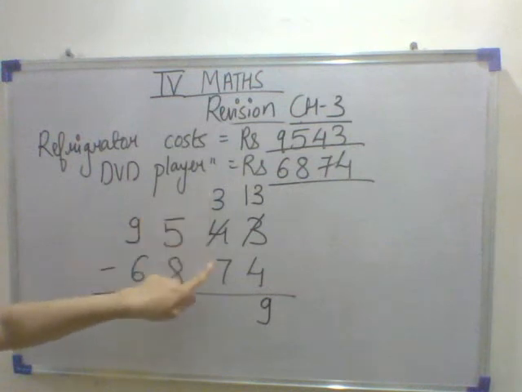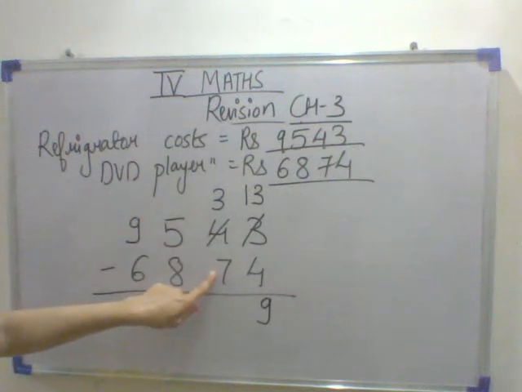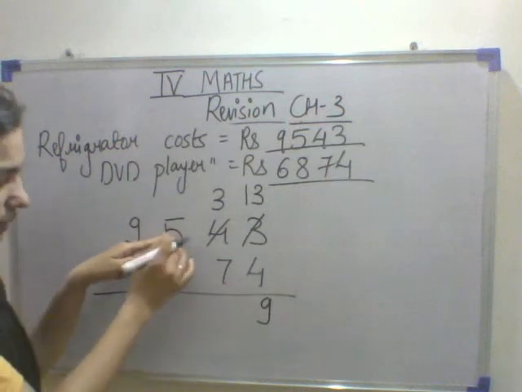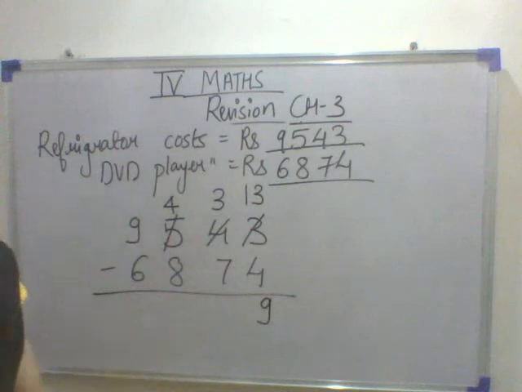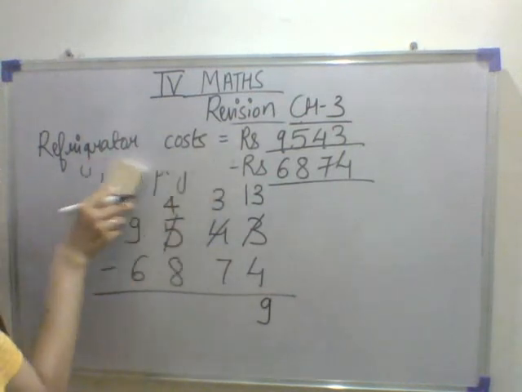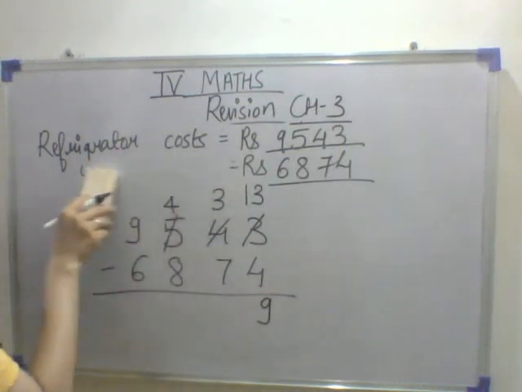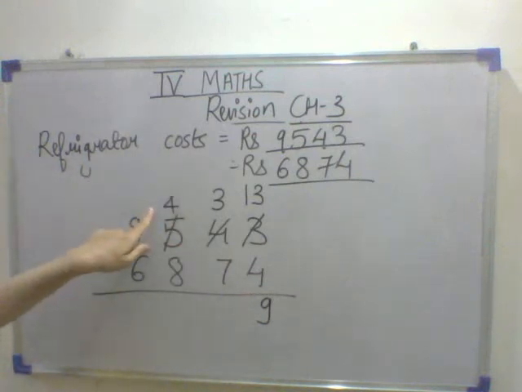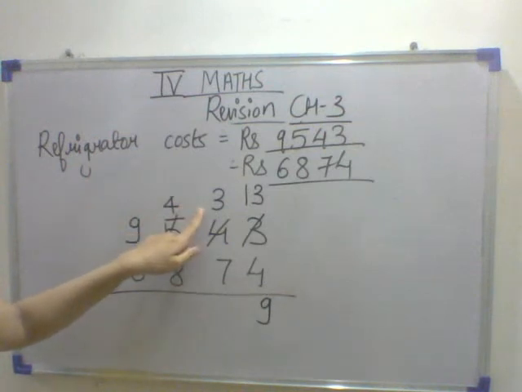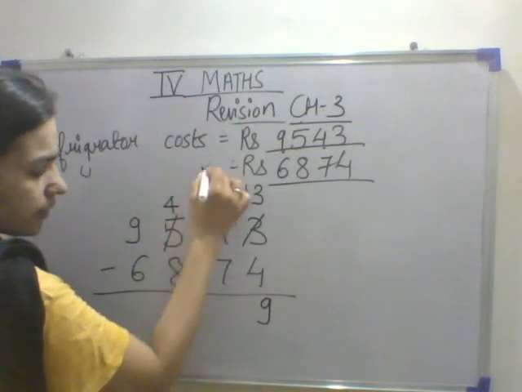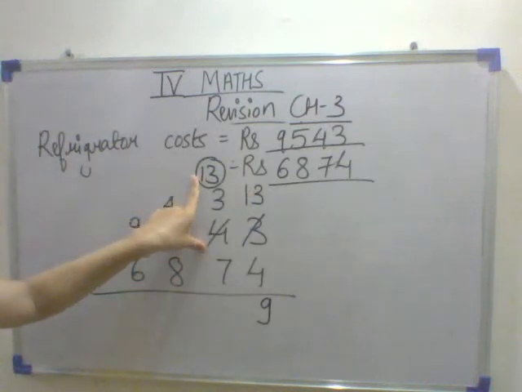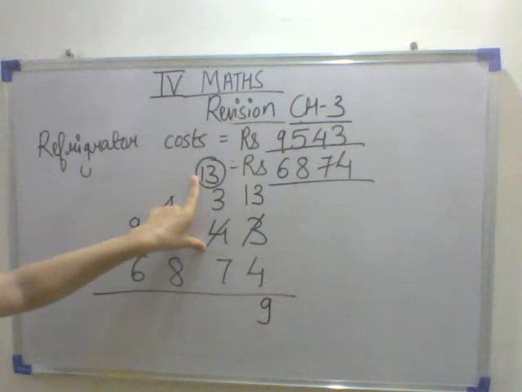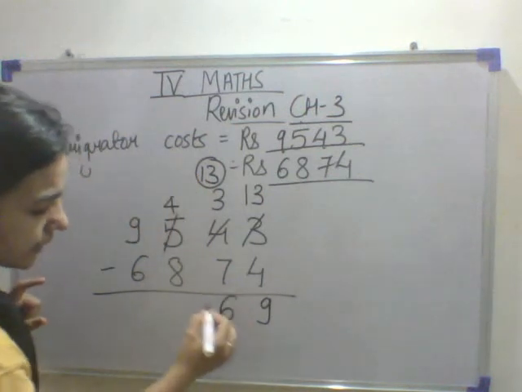As 3 is smaller than 7, it cannot be subtracted, so it will borrow from the hundreds place. It will borrow from the 5. So 5 will become 4. I am just rubbing this so that you will not get confused. So this 5 becomes 4 and this 3 becomes 13. Now 13 minus 7 is 6.